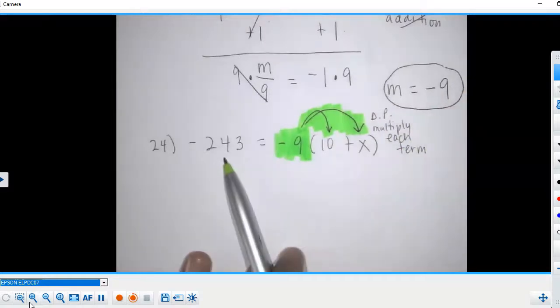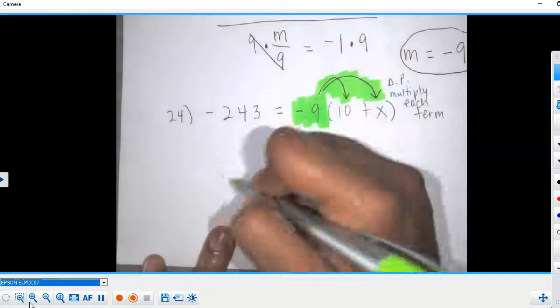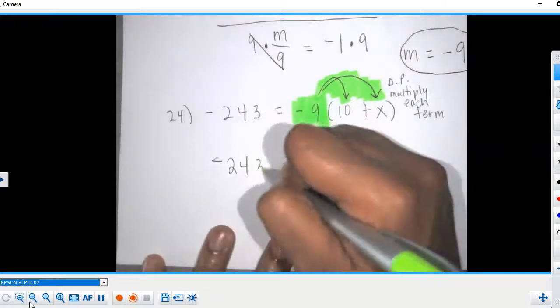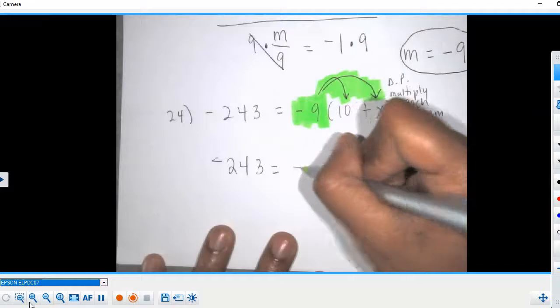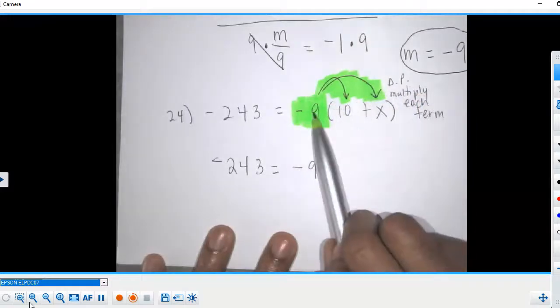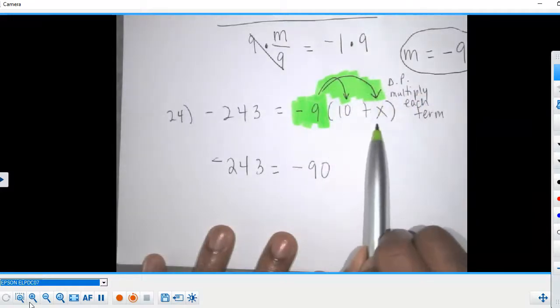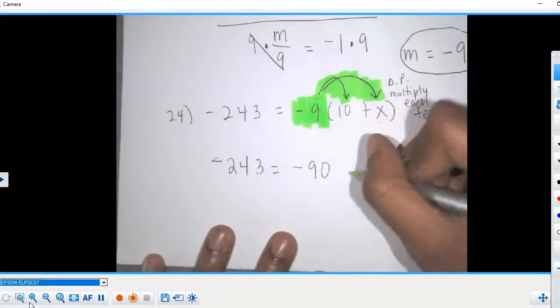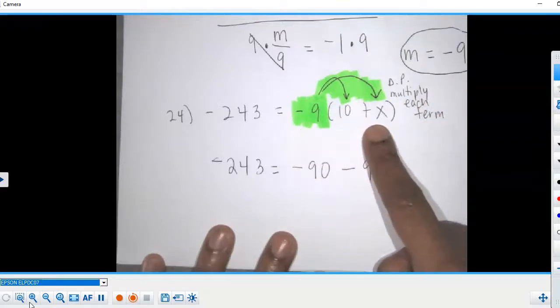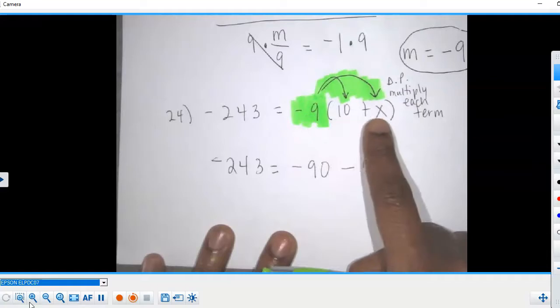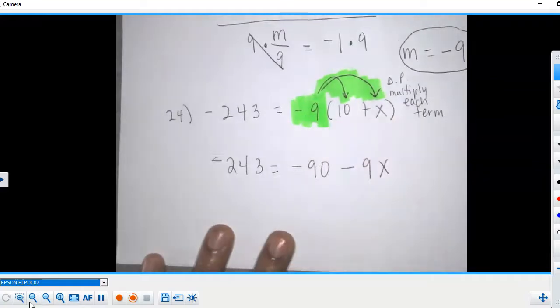Okay, so we're going to drop down this negative 243 equals negative 9 times 10, which is negative 90. Negative 9 times x marries the x. We get a negative 9x. Be careful. Remember, a negative times a positive is a negative.